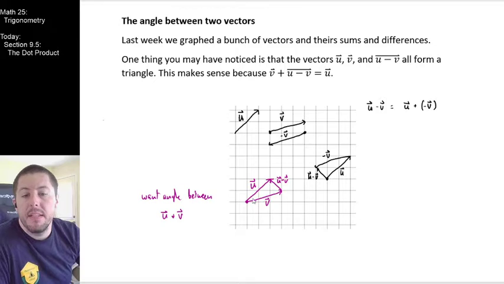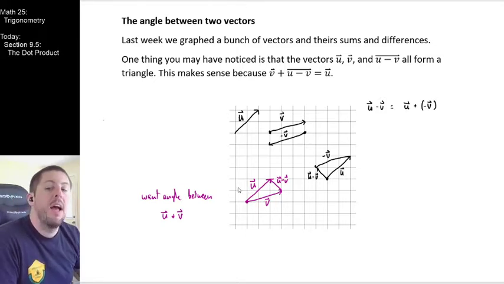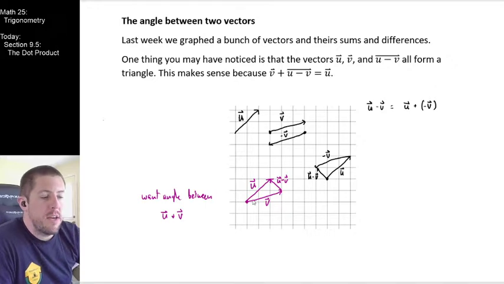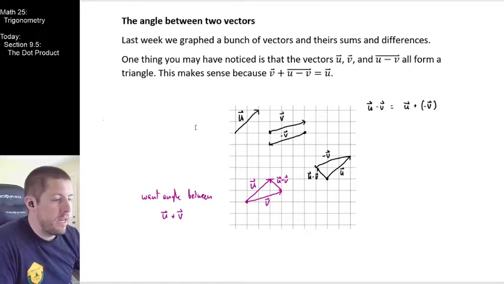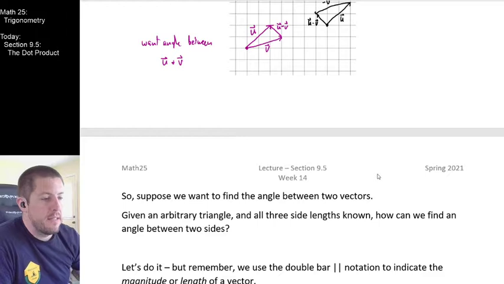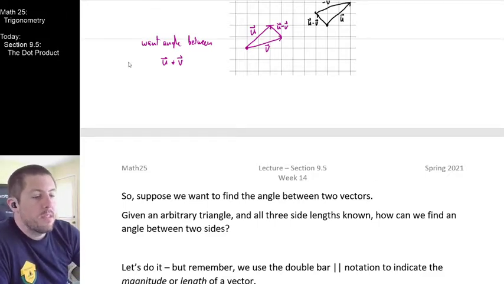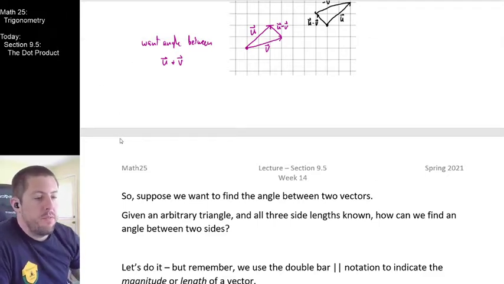Then we have a triangle where we know all three side lengths, and therefore it seems reasonable that we could compute the angle in between any two of those sides. So we want to find the angle between any two vectors.